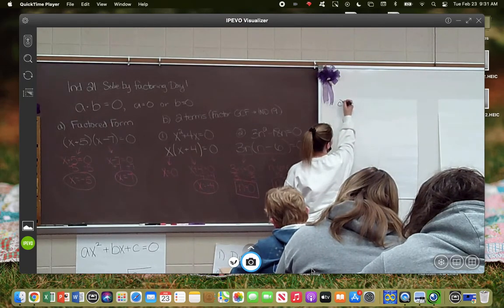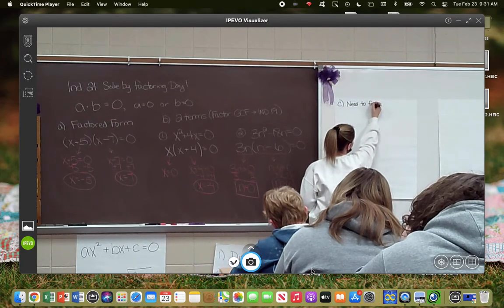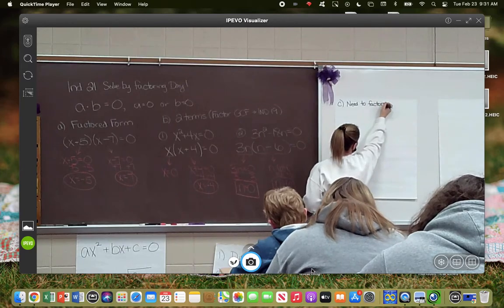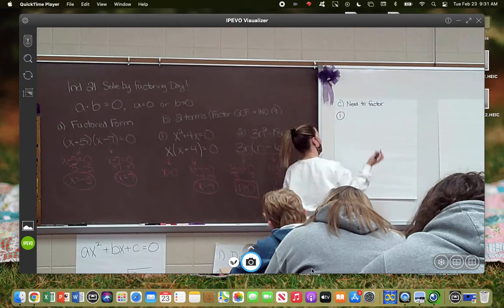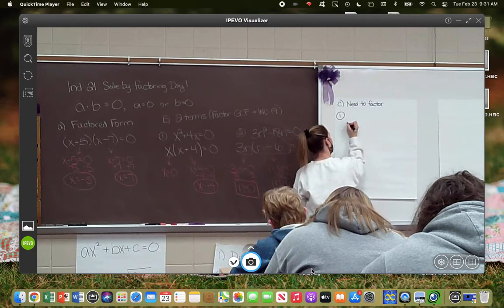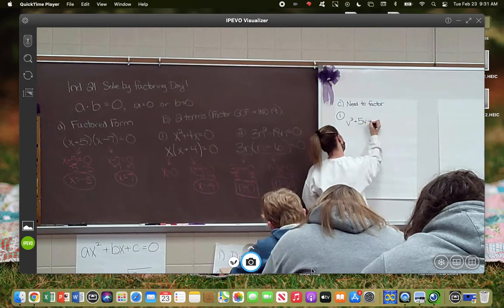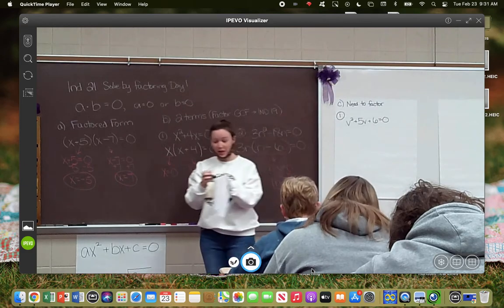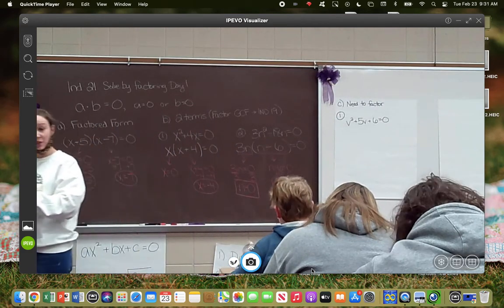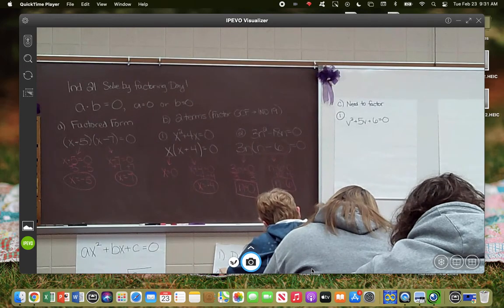All right, so on these, you will need to factor these. So here's our first example. We've got v squared plus 5v plus 6 equals 0.